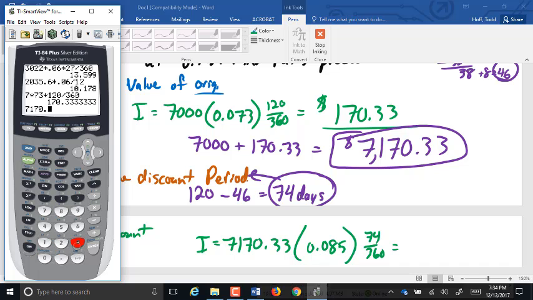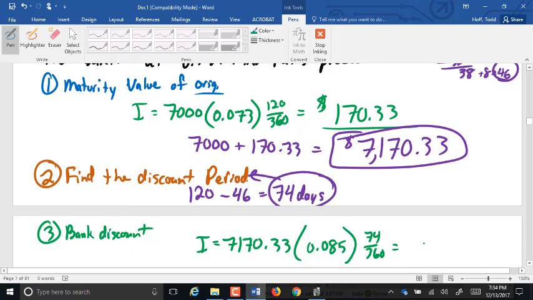Not that I don't trust you, but I'm this far already. Yeah, 125.28 is correct.